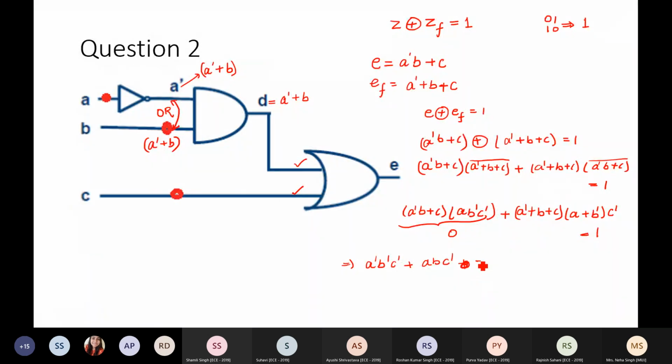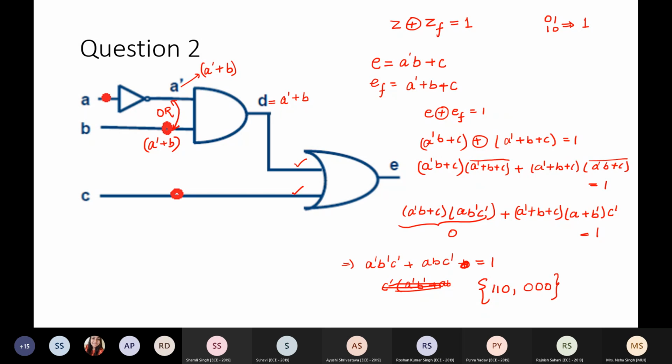Okay, so we need not solve it further. What are the test patterns that I get? 1, 1, 0 and 0, 0, 0.